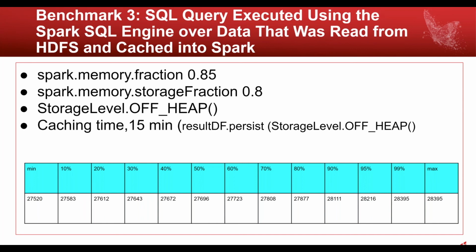So in general, this SQL query was executed in 27 seconds. Yeah, and also we spent about 15 minutes to create a cache for HDFS data. So it's much slower than in the previous example.